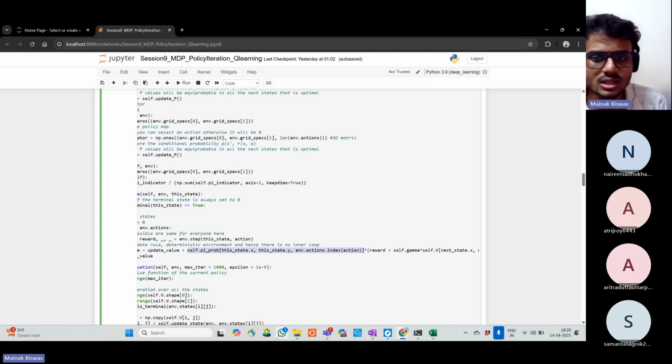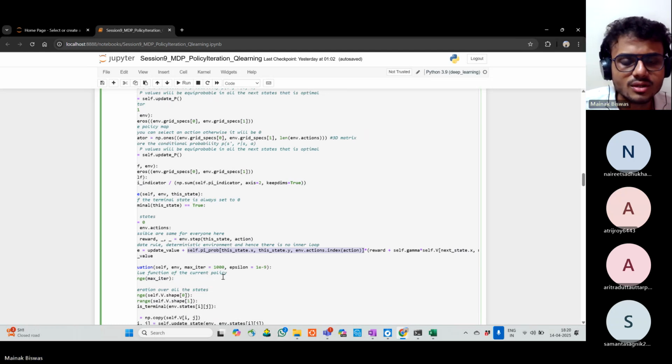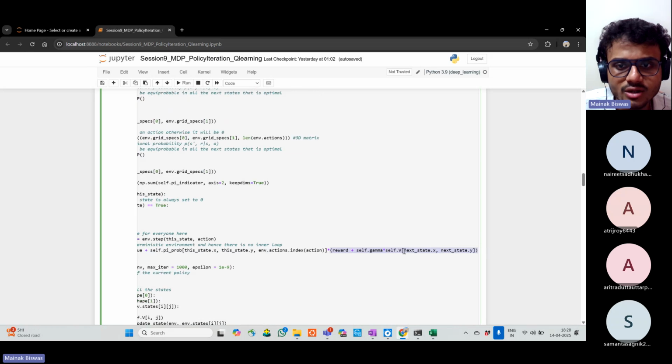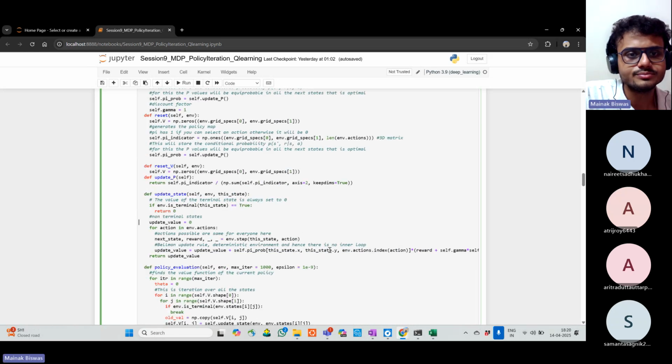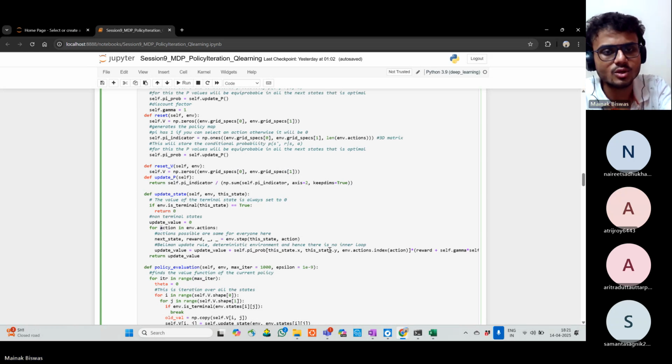Can anyone tell me what this is? You can clearly see the inner summation over here, right? Reward plus v of the next state, next state of x and next state of y. Is that clear to everybody? And what is this value? This pi probability. Clearly look at this code. We are summing over all the actions, right? Look at this and look at the equation here.